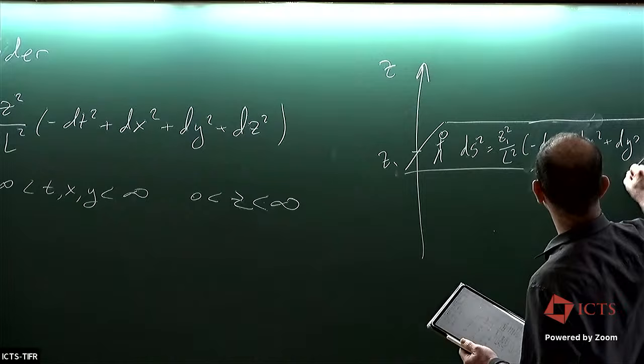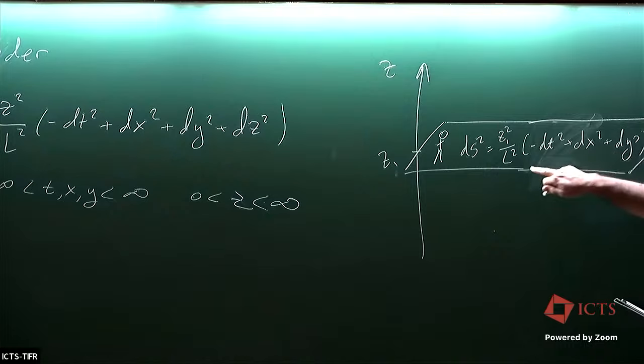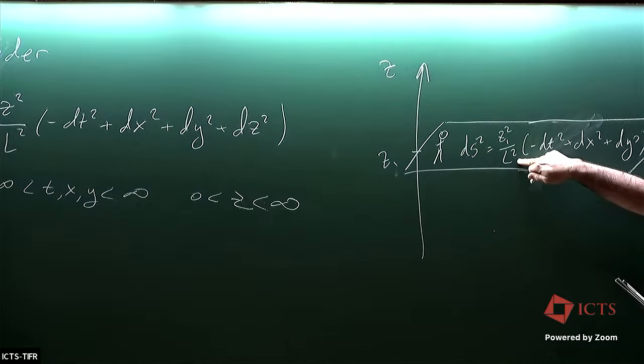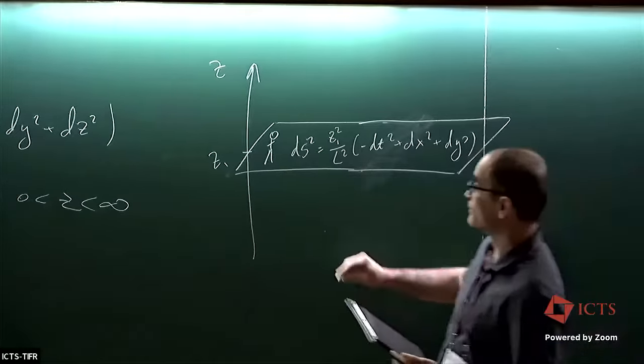From the point of view of an observer looking at z equals 1, what he or she sees is just flat space. It's a three-dimensional space-time with some overall factor which we can swallow in an appropriate choice of units. So if we freeze the z direction, we just see flat space.